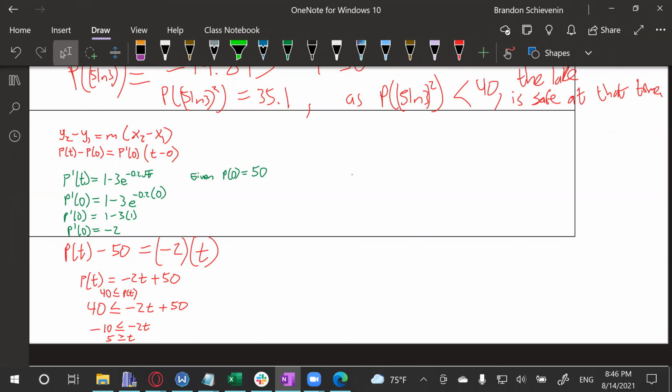I'm going to take a picture of this so I can label it. We'll add that here. I'm not sure what happened to the background there.